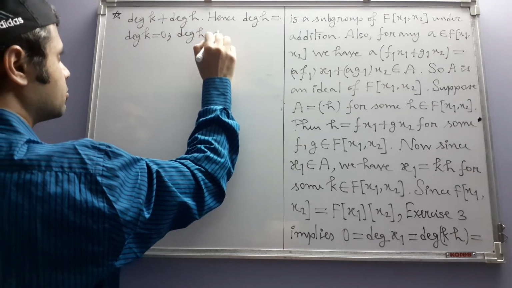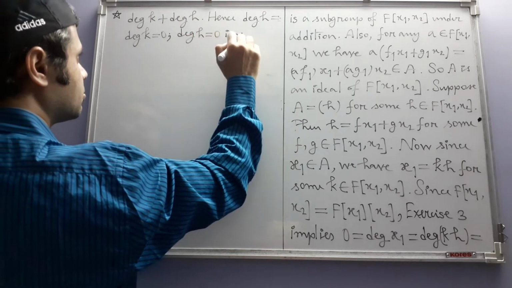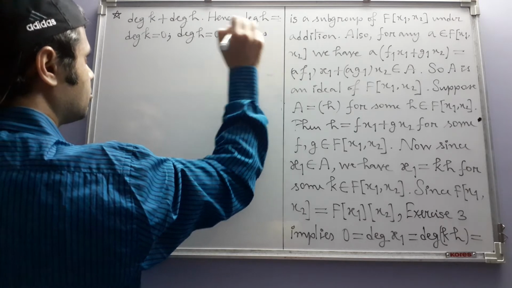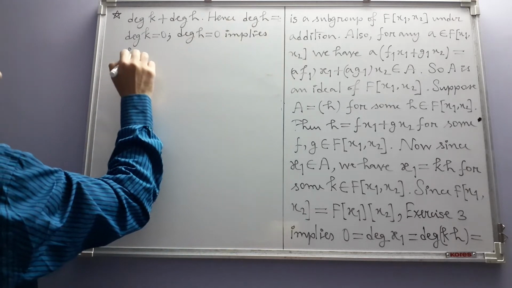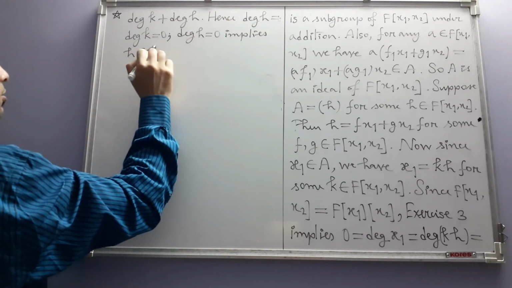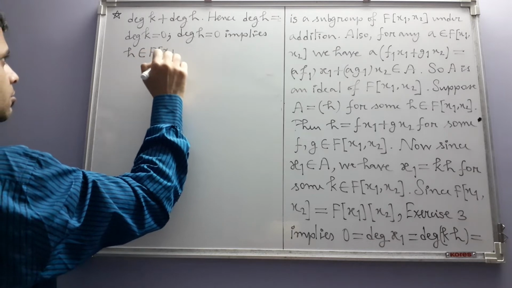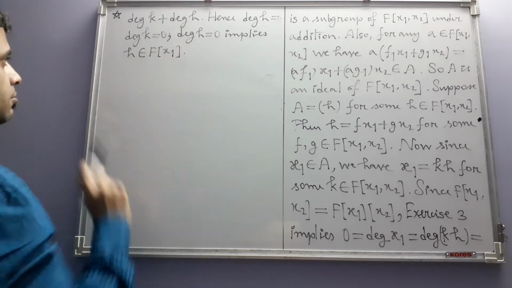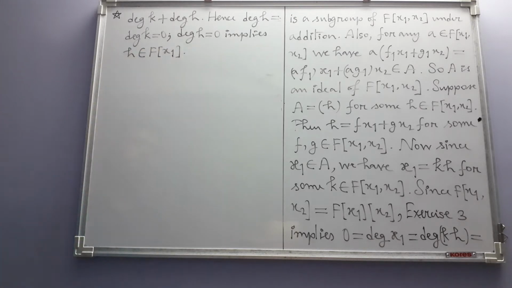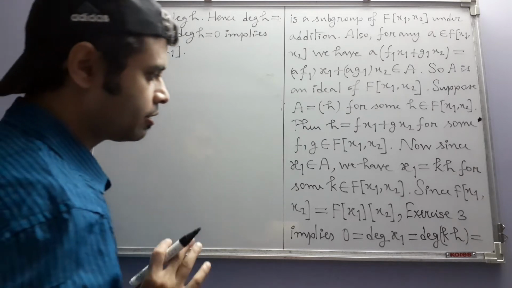Degree of h equal to 0 implies h belongs to f[x1], and actually k also belongs to f[x1], but anyway, so we have got this.